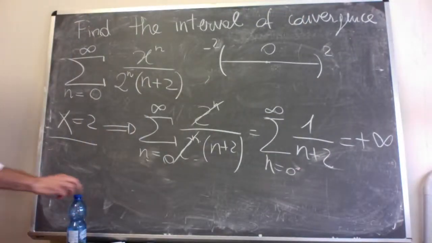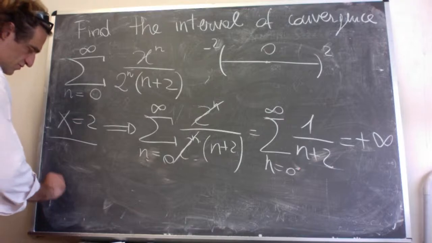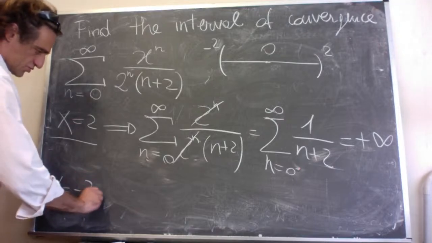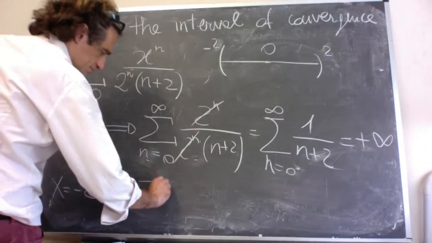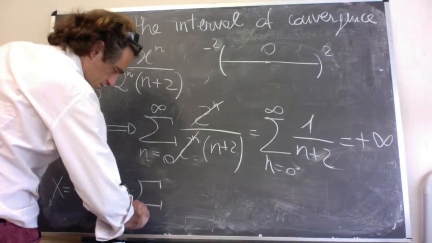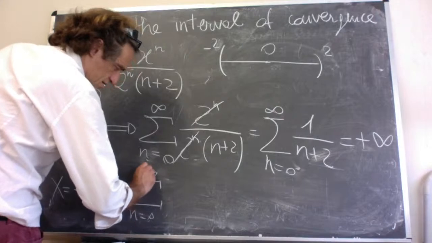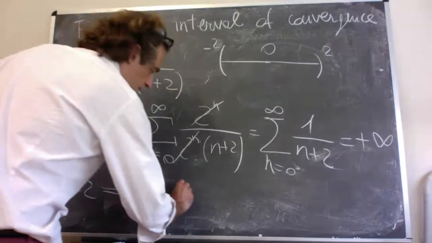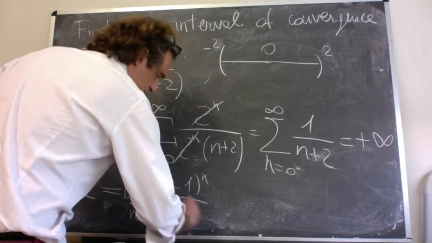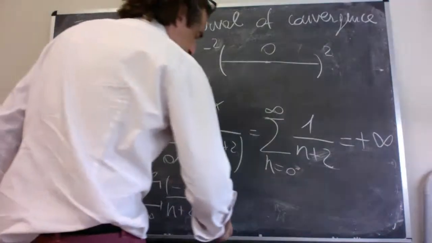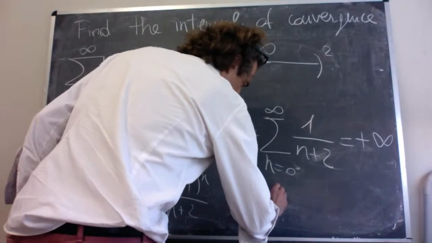On the other hand, the same computation for x equal to minus 2, then you have the sum of (-1) to the n divided by n plus 2. And by Leibniz, this is a convergent series.